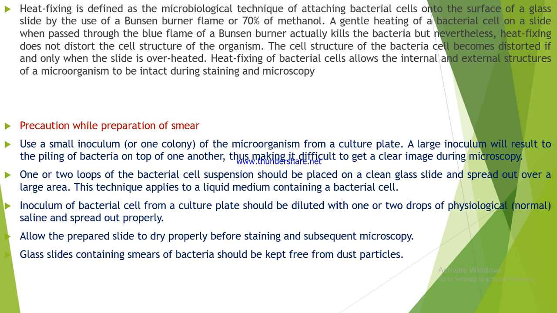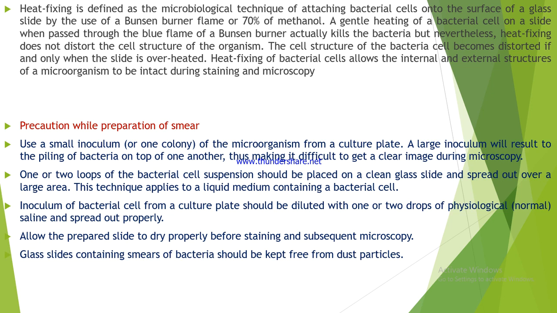The glass slide which you are taking must be clean. It should be properly sterilized. You have to add a small drop of water before putting the bacterial culture on the glass slide. If the bacterial culture is very thick, you have to dilute it first and then make the smear. Heat fixing is the most important procedure.